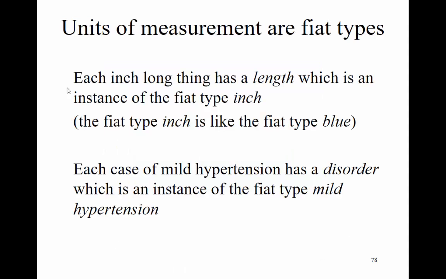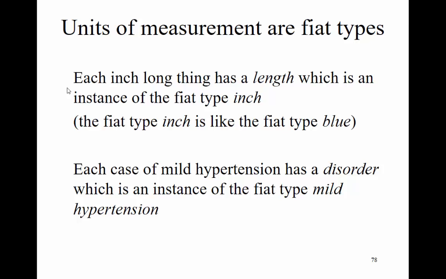All right, so what is an inch? That's the kind of question that philosophers are allowed to ask. And I have an answer. Kant did not have an answer. And Plato didn't even have the question.